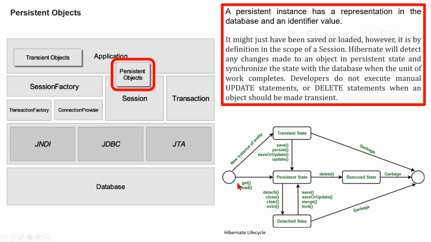Here you can see a new instance of an entity passed to the transient state. Garbage is passed from the transient state. The transient state is connected to the persistent state. Save, persist, saveOrUpdate and update methods are passed from the transient state to the persistent state.